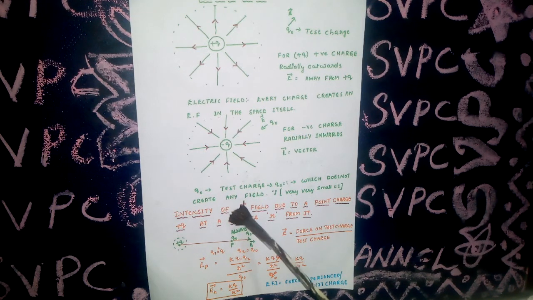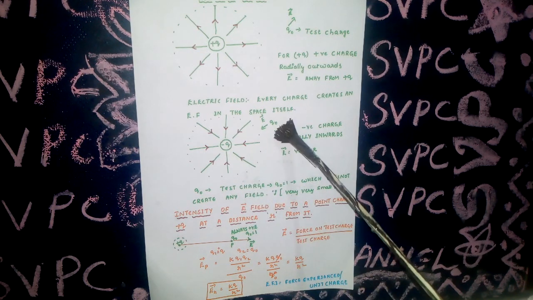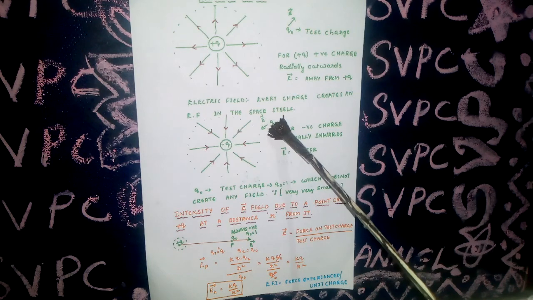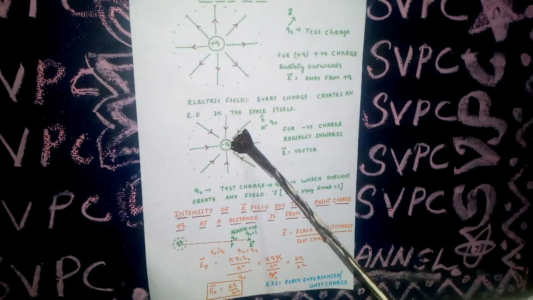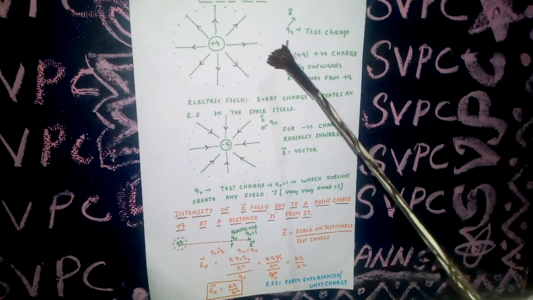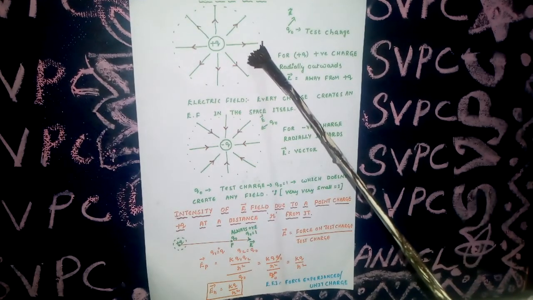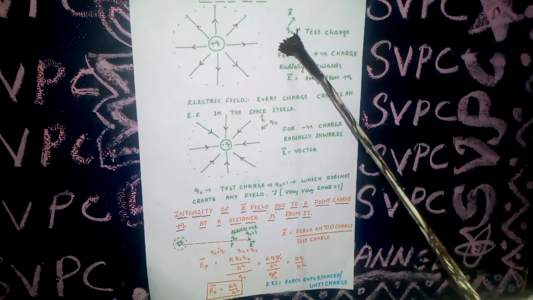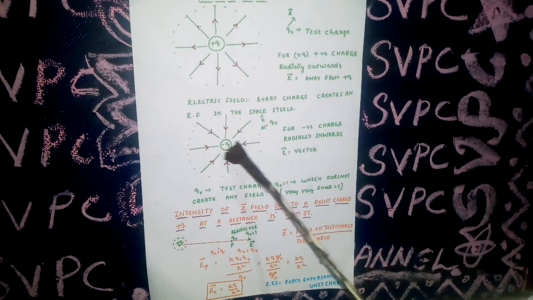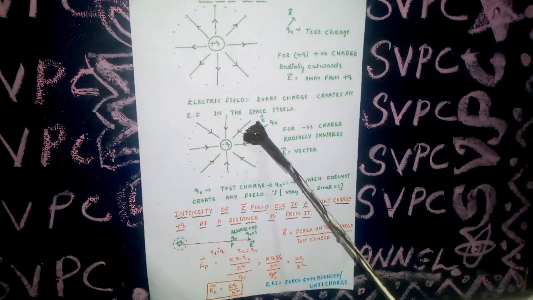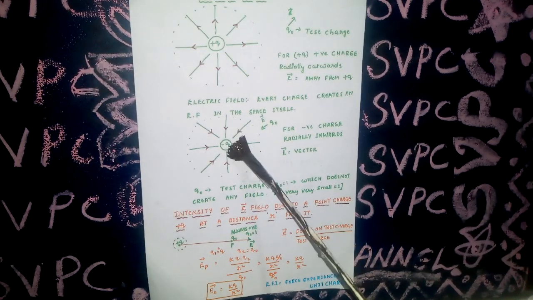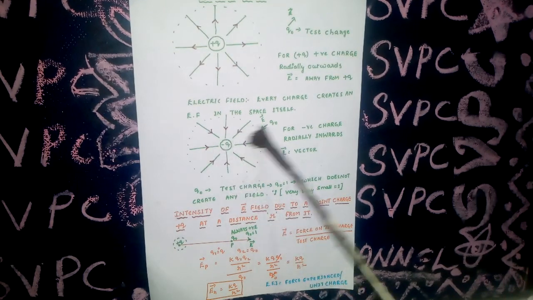It does not create any field around itself. So we can place this test charge near the negative charge and near the positive charge. If it is near the positive charge, it is repelled. If it is near the negative charge, it is attracted, because the sign of the test charge is positive.